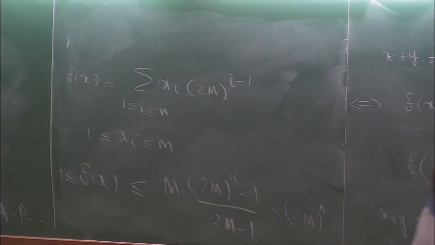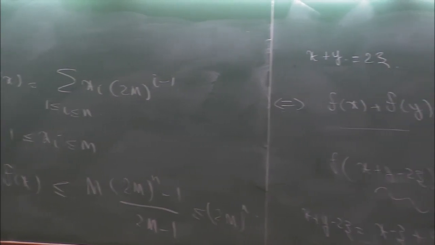So you have produced a set for any integer m and an integer n, which has cardinality greater than or equal to m to the power n minus 2 by n, and has this size. Now you take your capital N to be 2m to the power of n, and you take your small n to be the square root of the logarithm of capital N, and you just plug in these things and you estimate the size.